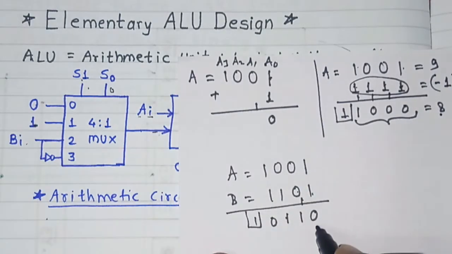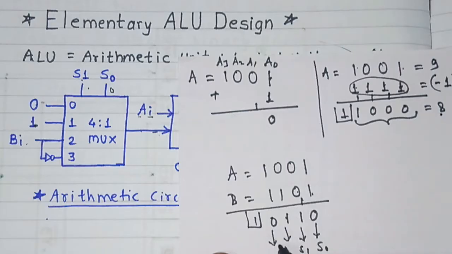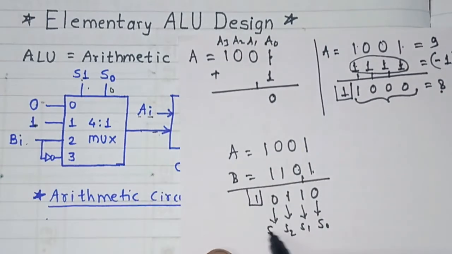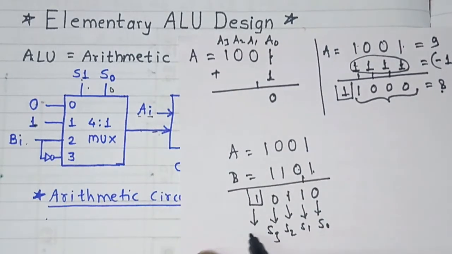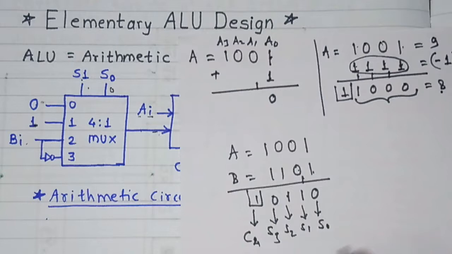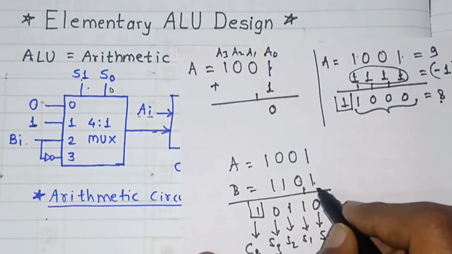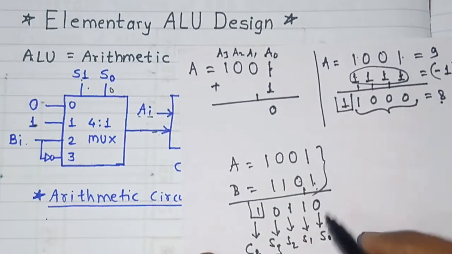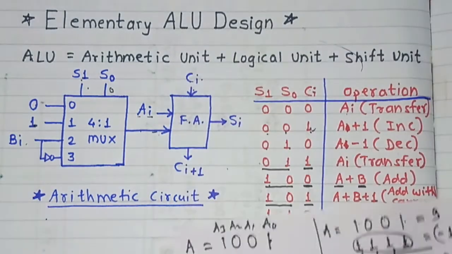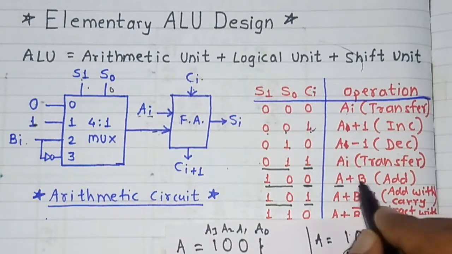So this bit will be S0, this bit will be S1, this bit will be S2, and this bit will be S3. And this last bit will be C4, because the input carry was C0. This is simple addition. I'm talking about this normal A plus B operation.